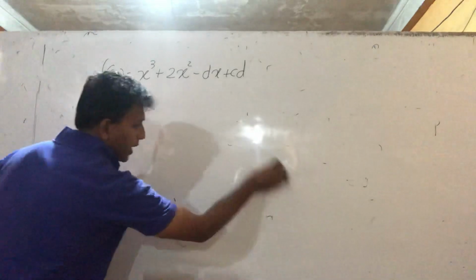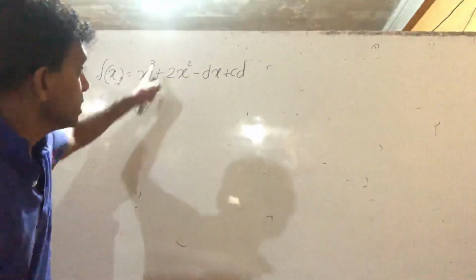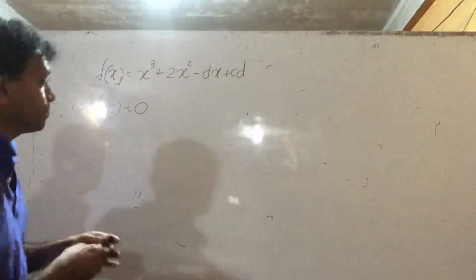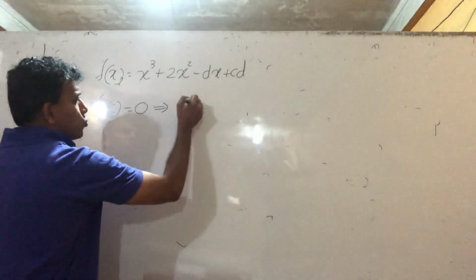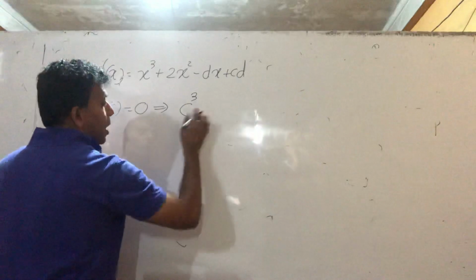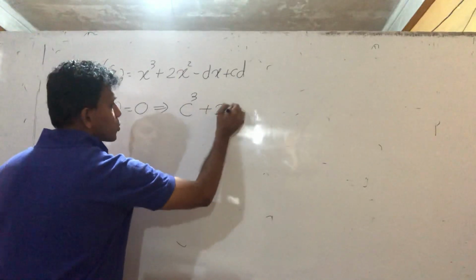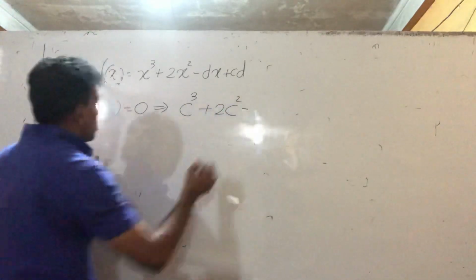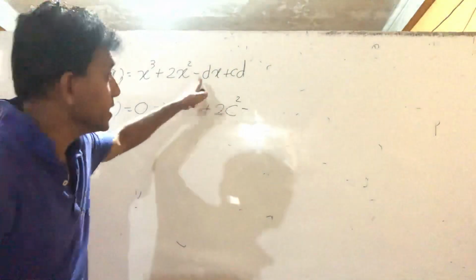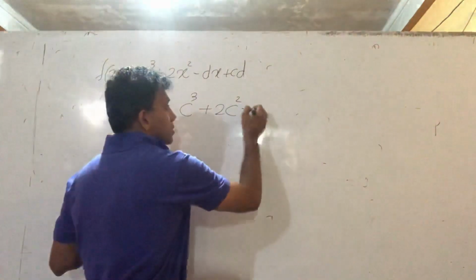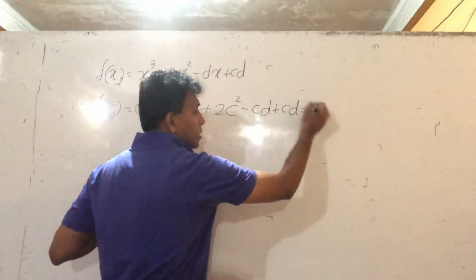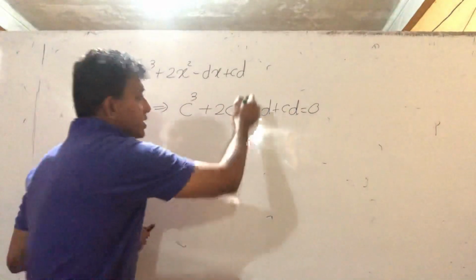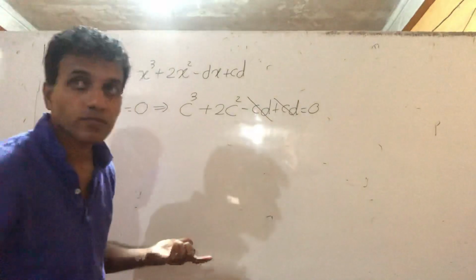Now complete that. Put x for c, it becomes 0. What is that? c cubed plus 2c squared, put x for c, minus cd plus cd equals 0. The cd cancel.